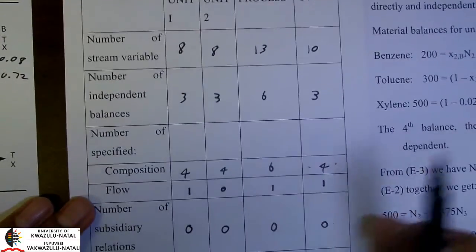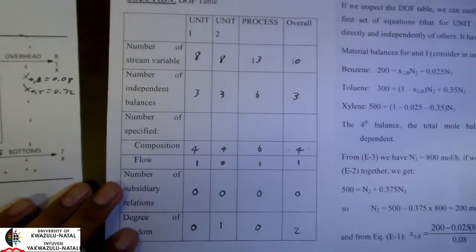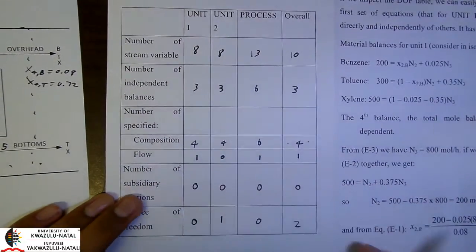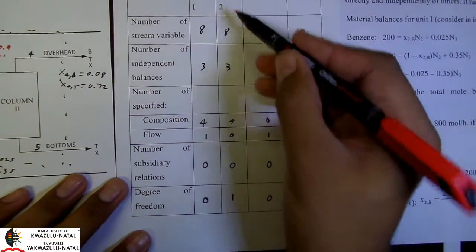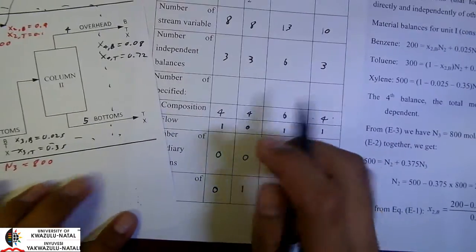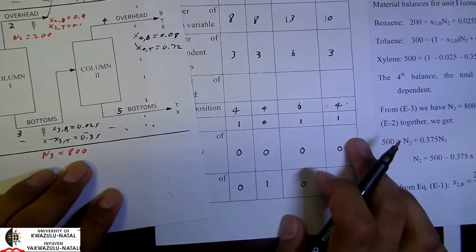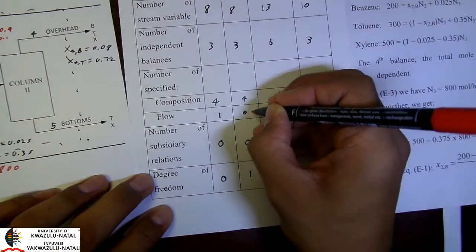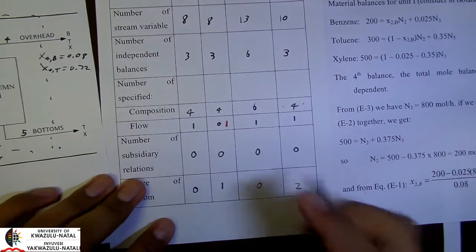So now we go back to our degree of freedom table, and let's look at what has changed. In the case of unit 2, we now have one specified flow. N3 was previously unknown, but now it is known. So now we have one flow, and I'm just writing that in red.